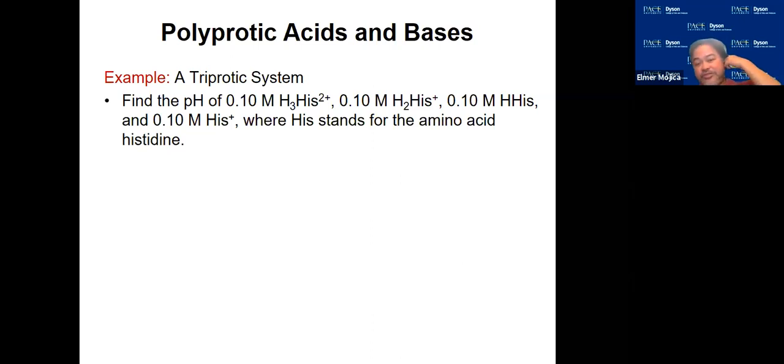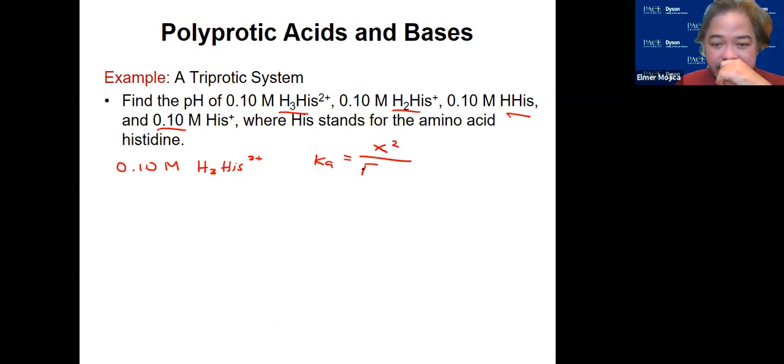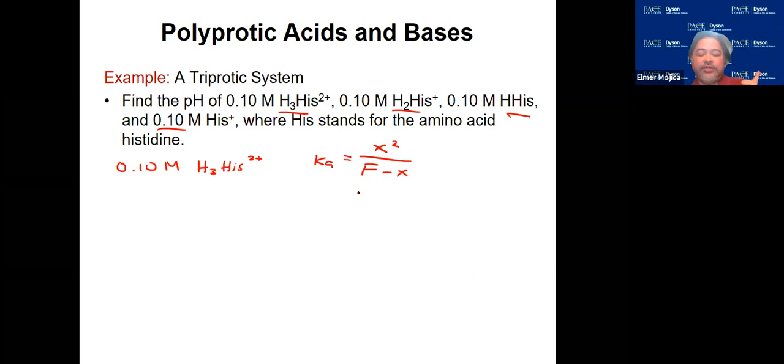Because what you have here now is four forms: 1, 2, 3, 4. At least for the first one, this is a monoprotic acid. So whatever it is, Ka equals x squared over F minus x. So you get the x there, you get the H plus, you get the given pH.